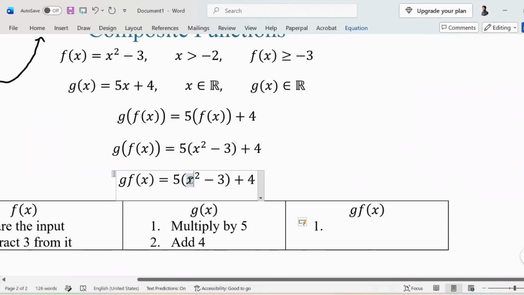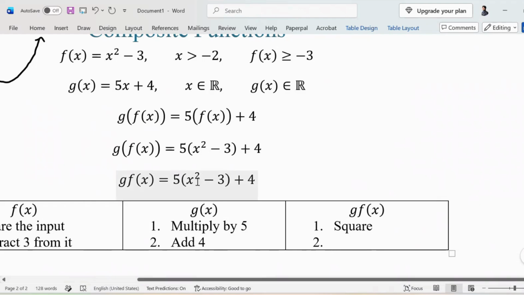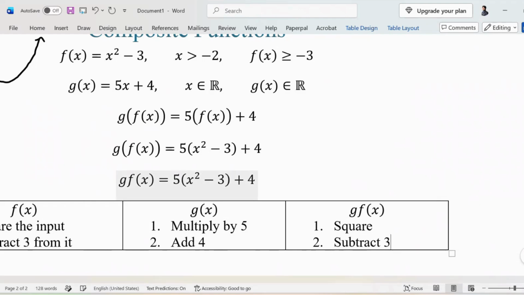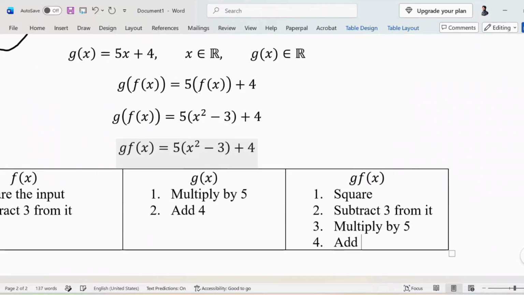If I plug in 3, 30, 10, any value, the first thing you will do is square. Then subtract 3 from it, then multiply by 5.